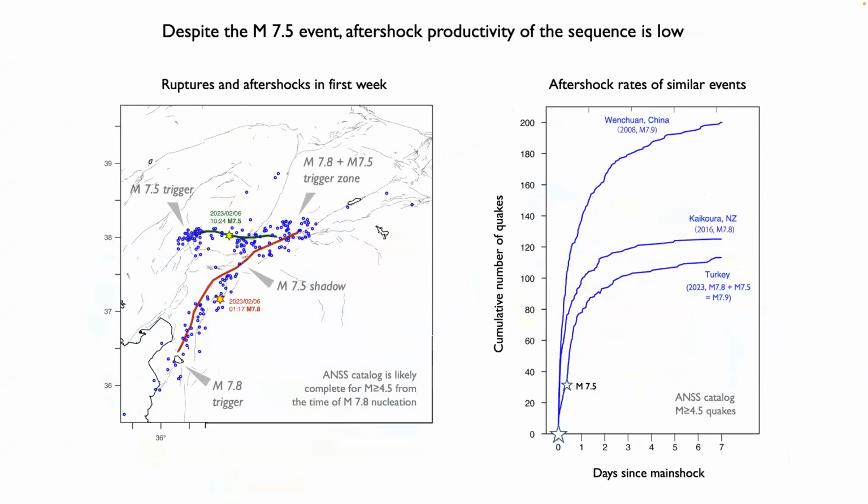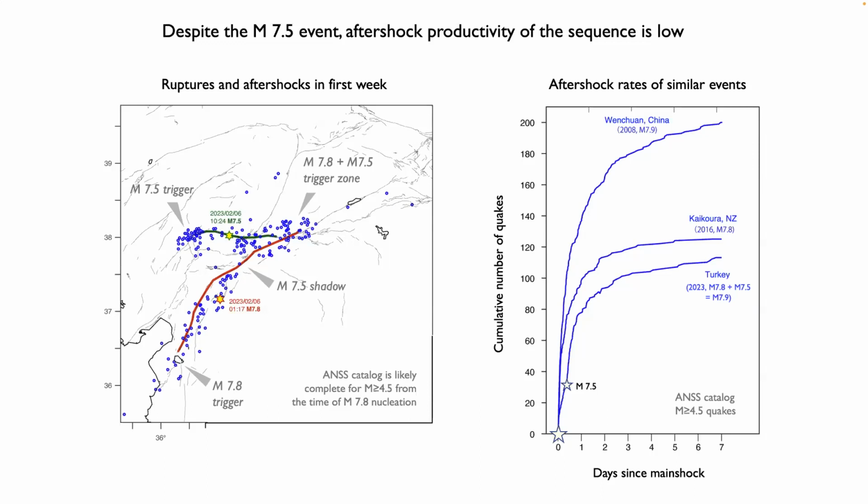And here's what a 1/T decay looks like in linear time and linear amount. If we used a log-log plot, it'd be a straight line. And so the interesting thing that you see is that Turkey is kind of weak compared to earthquakes of similar size. And even more interesting, in the weird math of magnitudes, if you add a 7.8 and a 7.5, you get a 7.9.